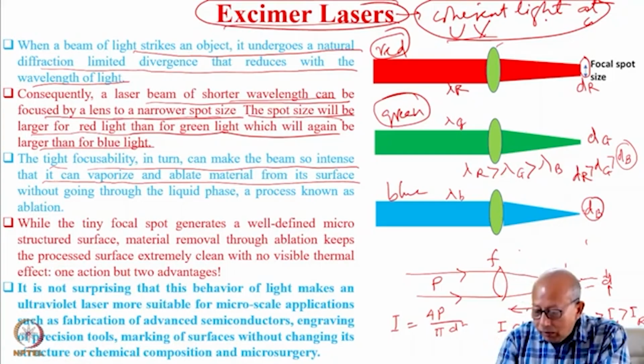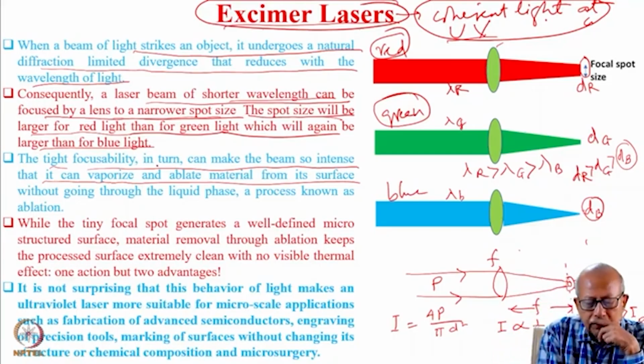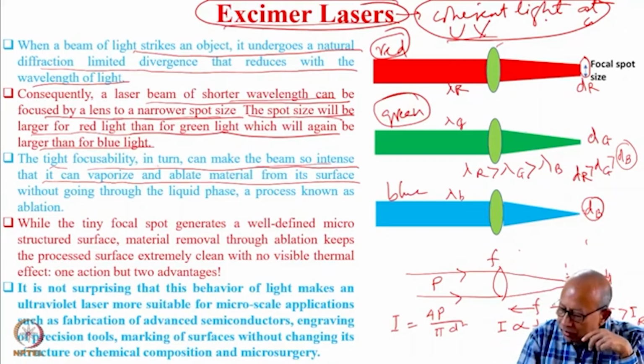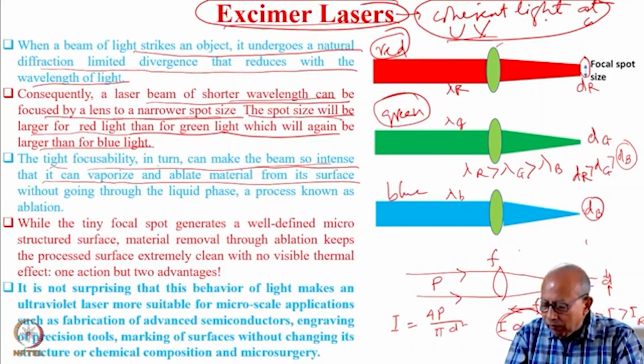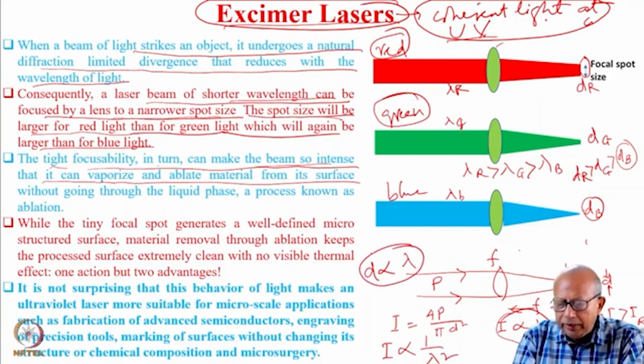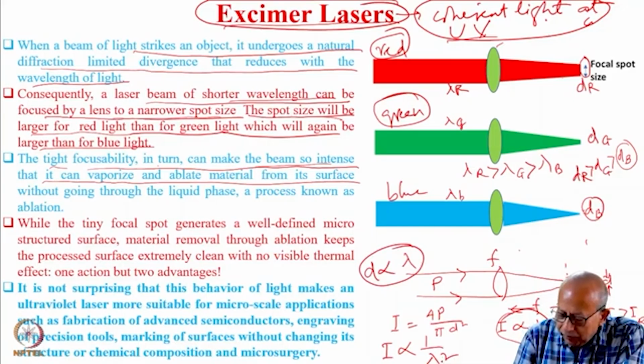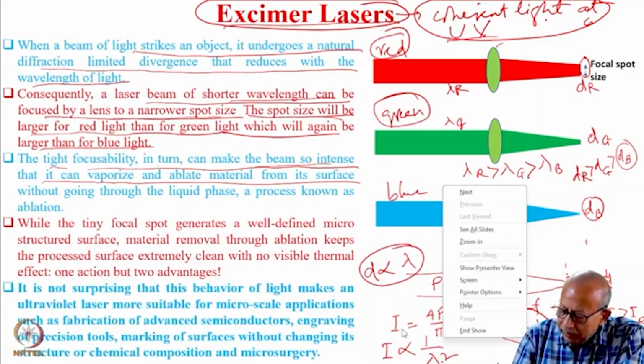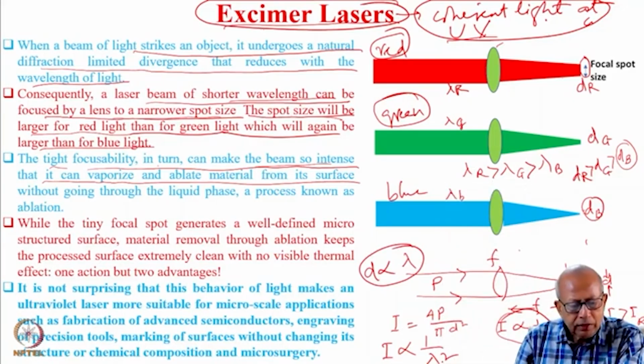So how can we apply it? See, the tight focusability can make the beam so intense, if you can reduce the wavelength. Intensity is proportional to 1 by lambda square, because D is proportional to lambda. Higher the lambda, more will be D. So by reducing the wavelength, you can increase the intensity significantly.